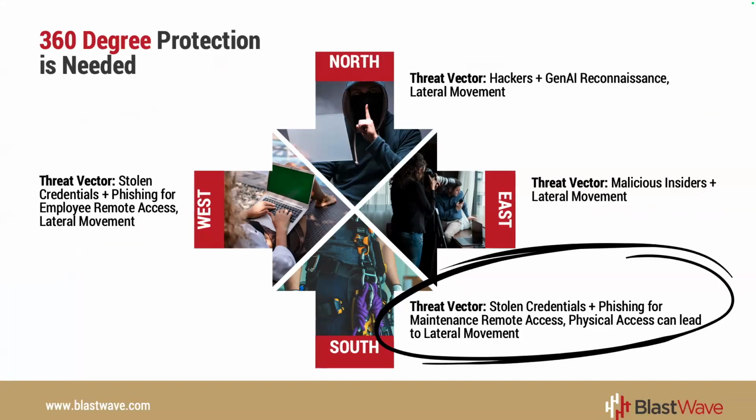And today, what we're talking about is the south, which is maintenance users who are getting into the devices from remote, and what they can do from that perspective. If you can control all four of these directions of attack, it gives you the ability to make sure that you have 360-degree protection of your network. So let's talk about how we can do that.